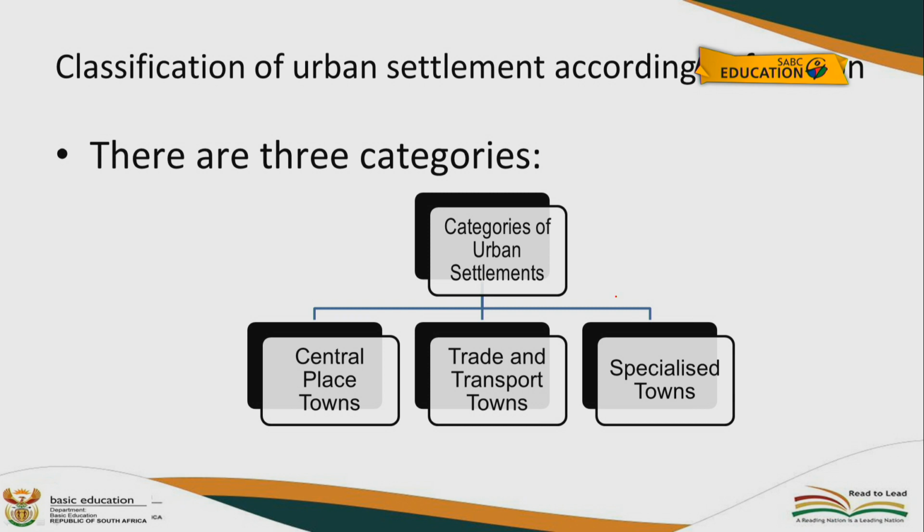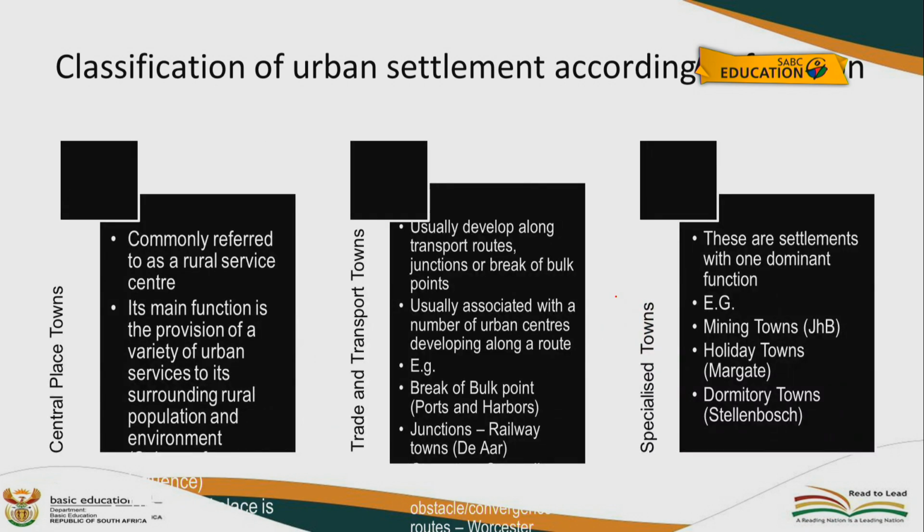When we look at the classification of urban settlement according to function, each one has functions that are taking place in those areas. Let us look at the first one, the central place. The first one is the central place town.